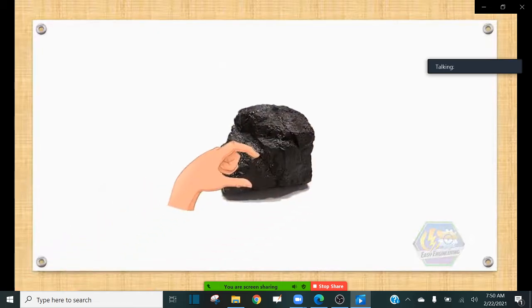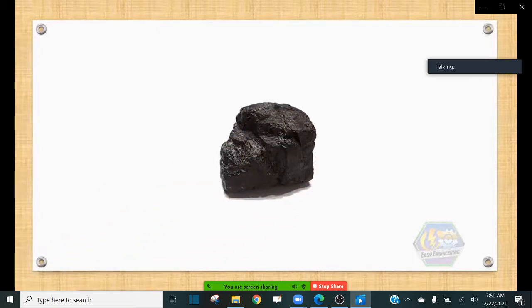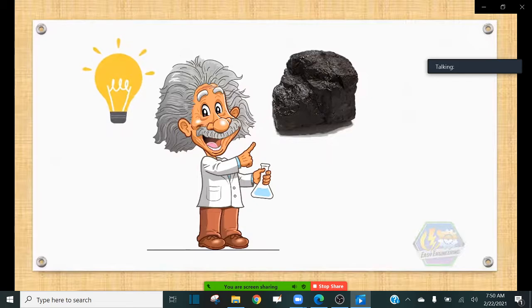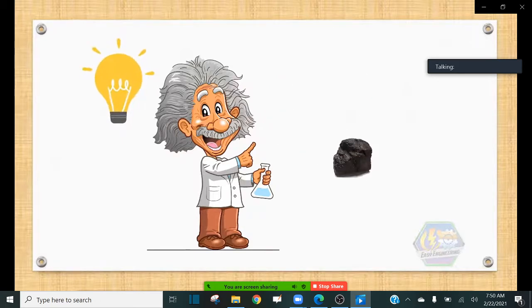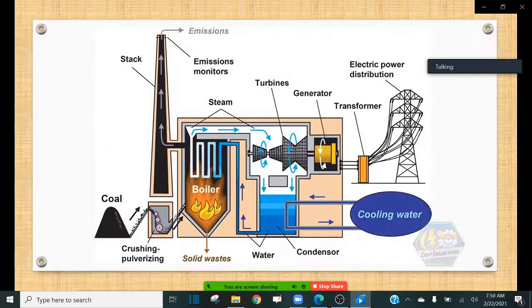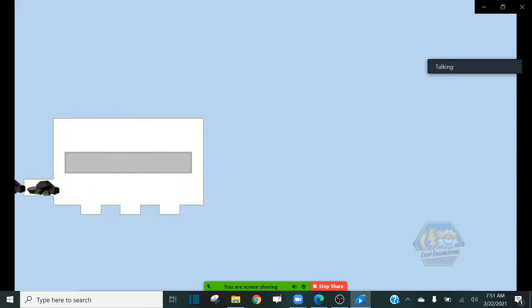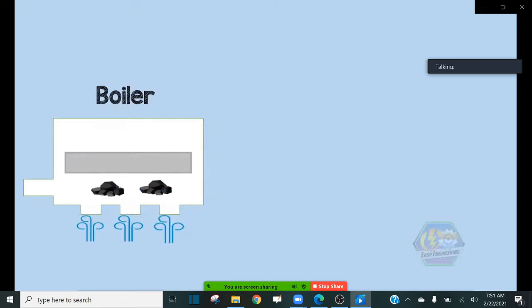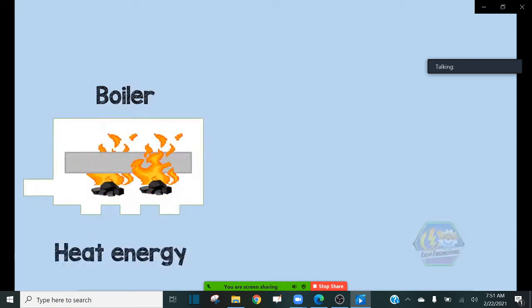This coal is just a type of rock, right? But for scientists, this rock contains an energy that produces heat energy when it undergoes a complete combustion. Actually, some power plants utilize this coal to generate electrical energy, or what we call electricity. What they do is feed this coal into a boiler furnace, and with the assistance of oxygen and a little heat, this creates a combustion in the form of heat energy.